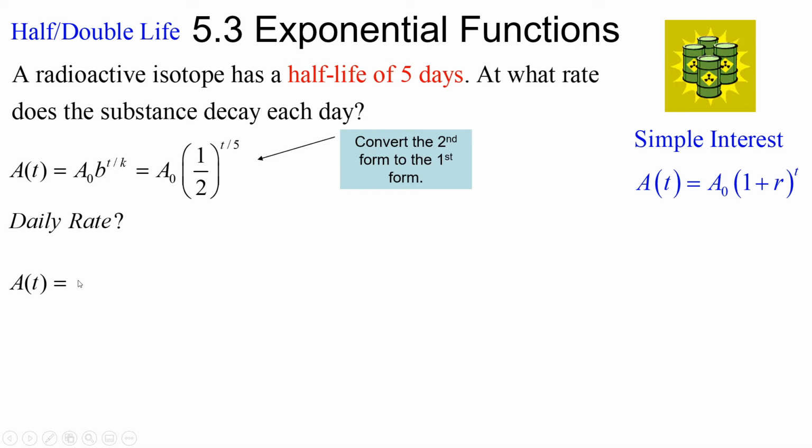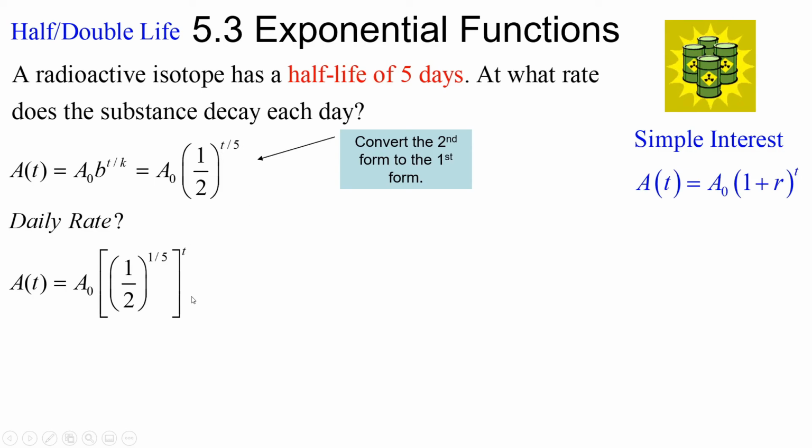So A of t equals, well, we have our A sub 0, and notice I left the power of t out there. That means by the laws of exponents, within this bracket, wouldn't I have to have 1/2 to the 1/5 power? Now, do you guys all agree that 1/2 to the 1/5 to the t is 1/2 to the t over 5 power?